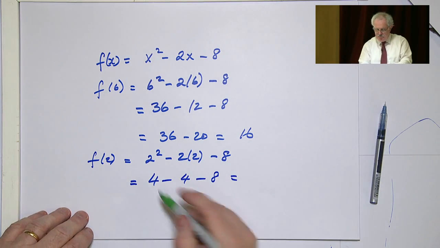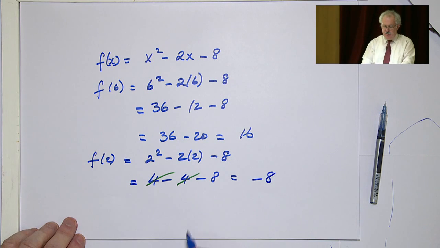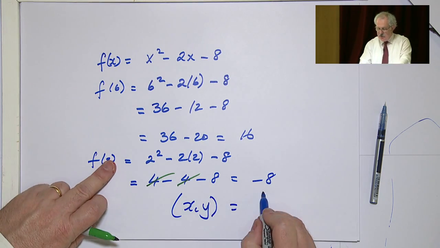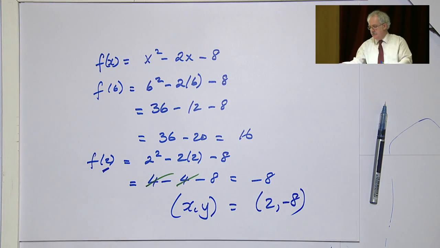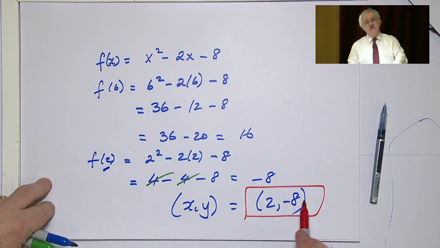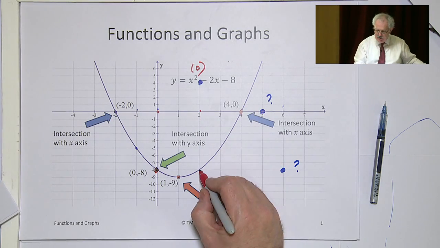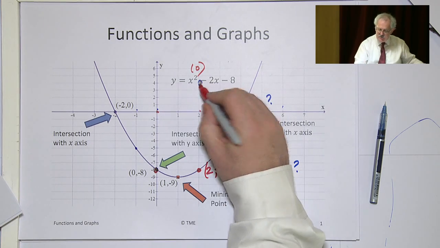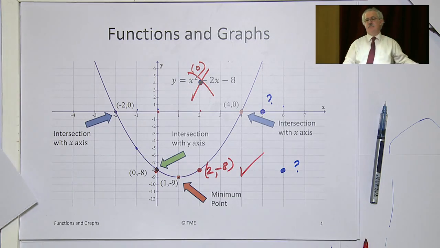These cancel. f(2) is minus 8. So it's telling me that the point (x, y) has 2 for x and minus 8 for y. It's (2, minus 8), not (2, 4). So this one is a no, and that's a yes.